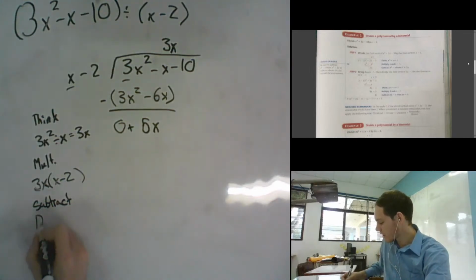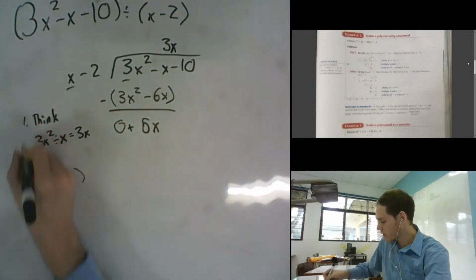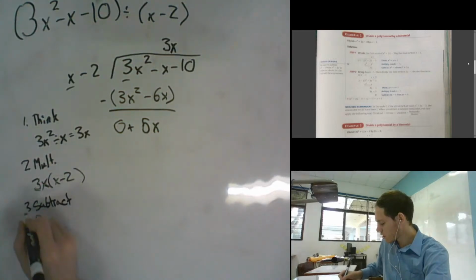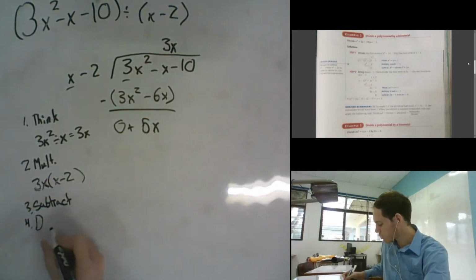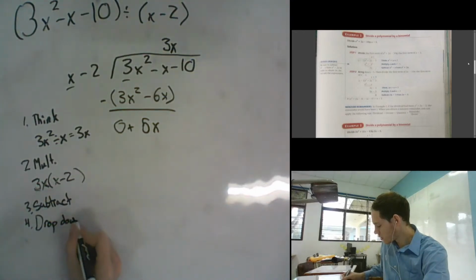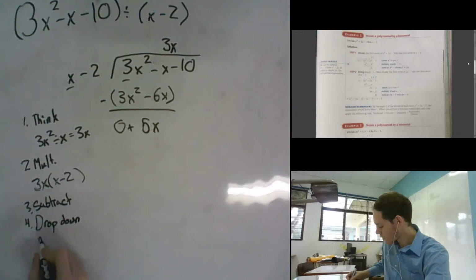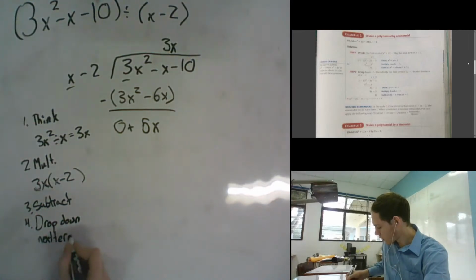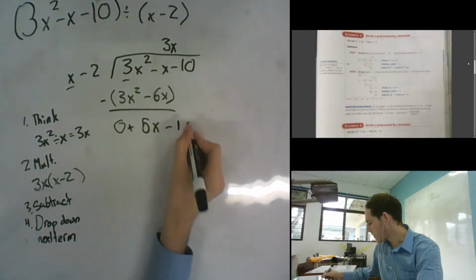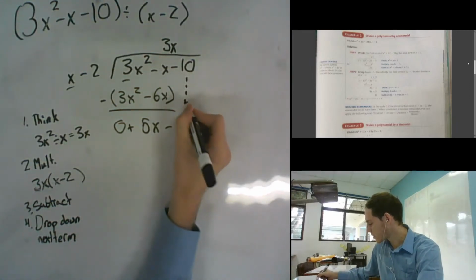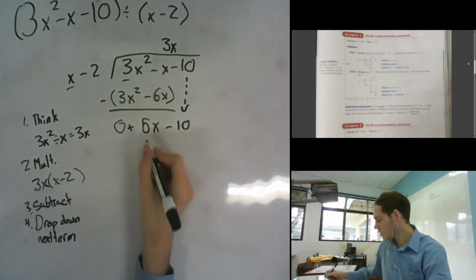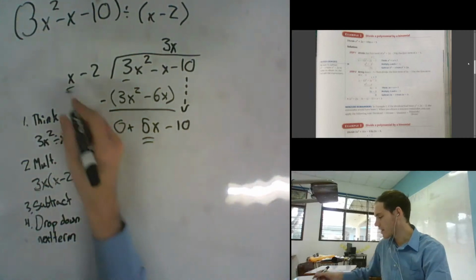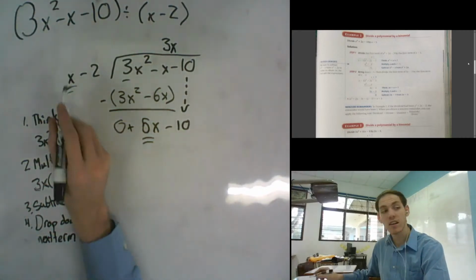Then we drop down the next term. So we get minus 10. Okay, again, we think 5x and x.